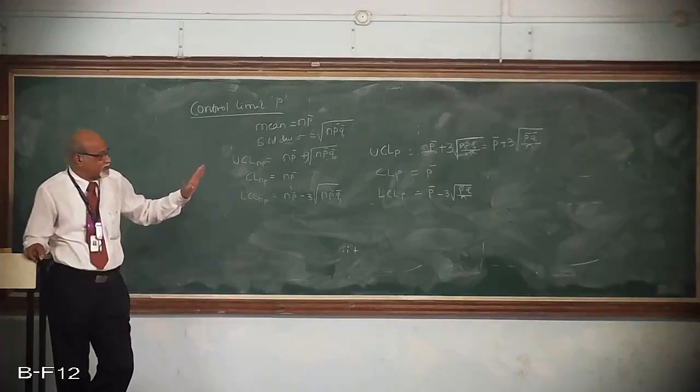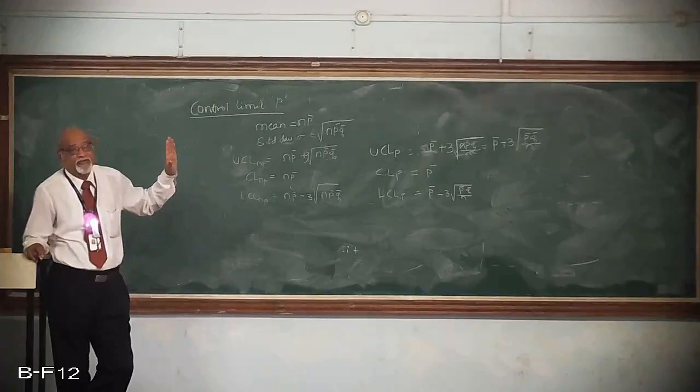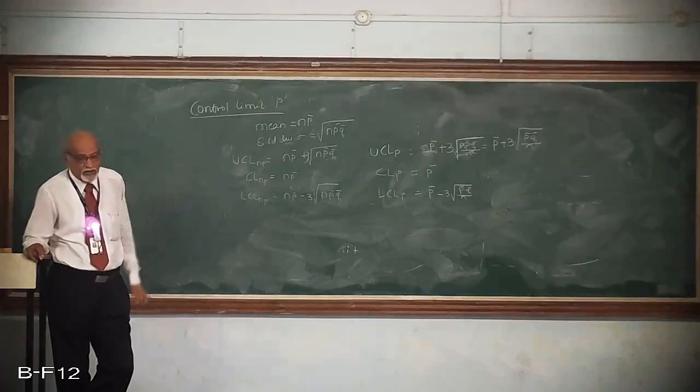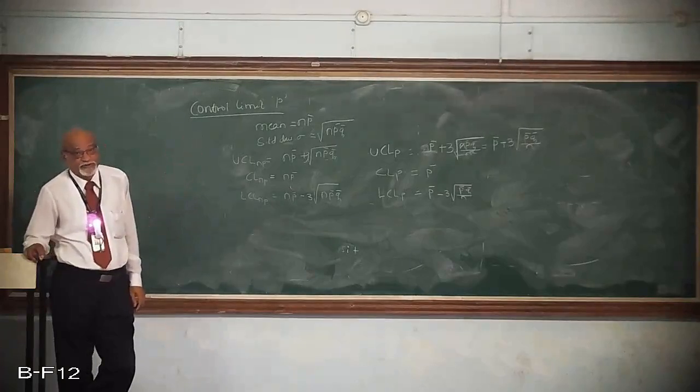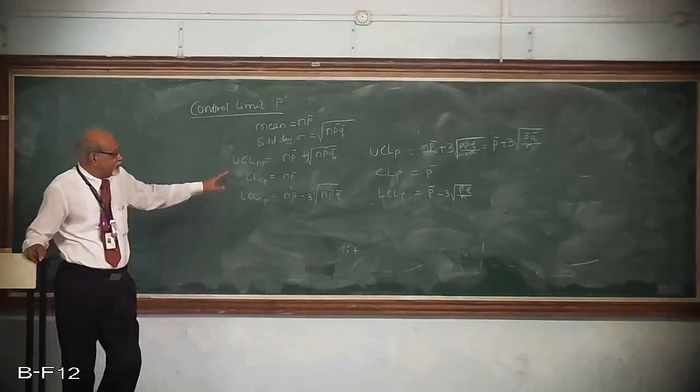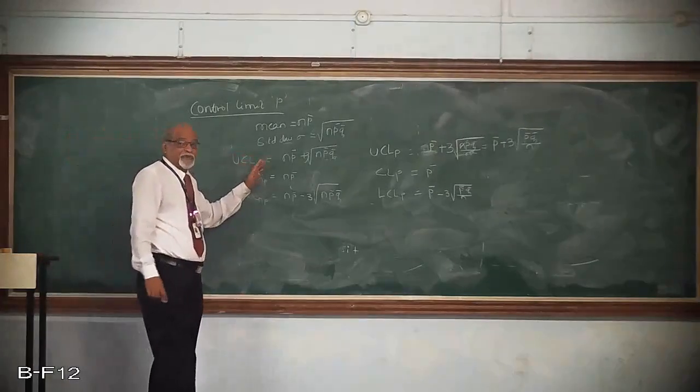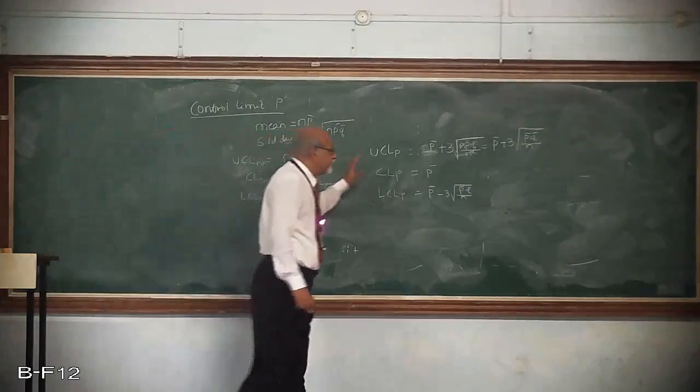So defectives might be given in the form of fraction defective or the number of defectives. These are the control limits for the P chart and the NP chart.